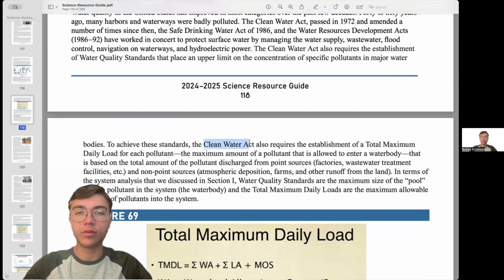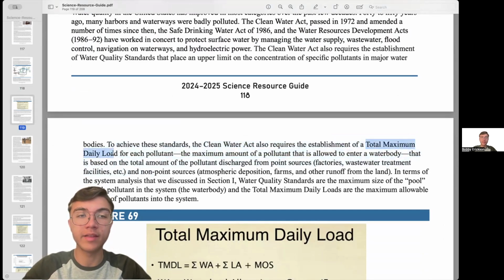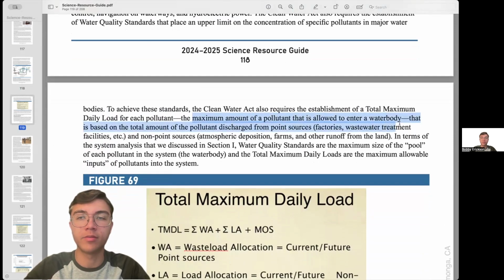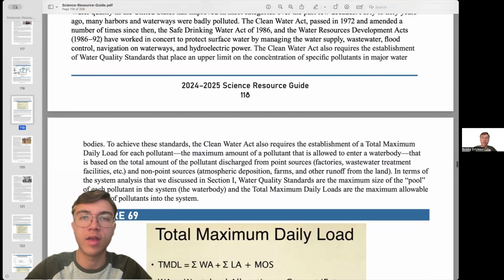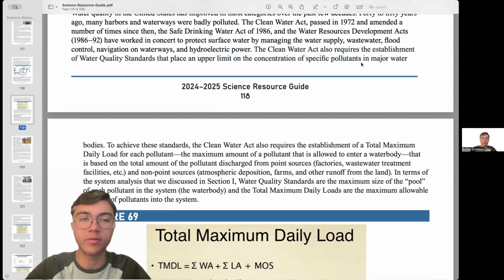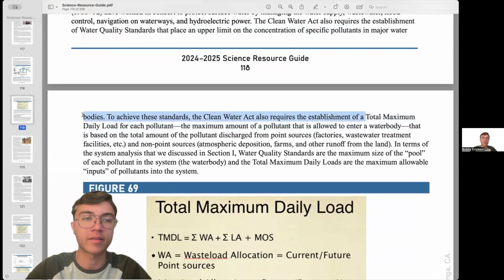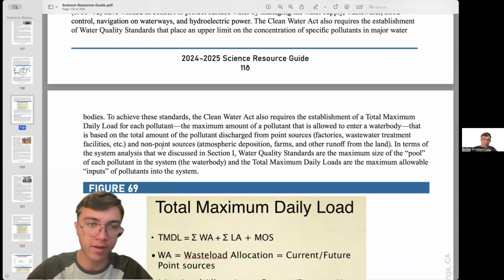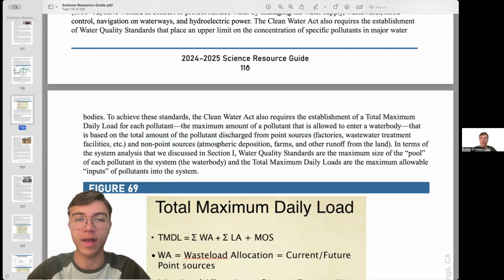In order to carry out the Clean Water Act, there has been a total maximum daily load which each pollutant can have. And so this is the max amount a pollutant can enter a water body in. So this is an upper limit on the concentration of specific pollutants. That's what the total maximum daily load is. It's based on the amount of pollution discharged from point sources such as factories and wastewater treatment facilities, and non-point sources, so atmospheric deposition, farms, other runoff, and so forth.